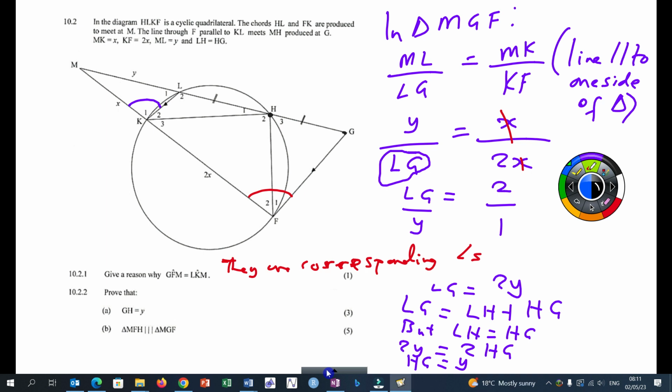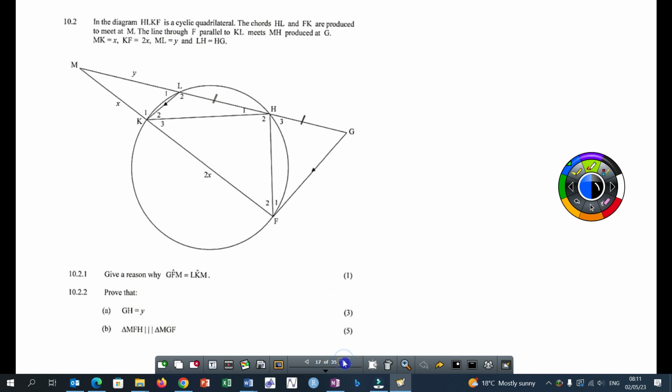Proving that two triangles are similar is a very easy thing to do, especially if you are given the names of the triangles.